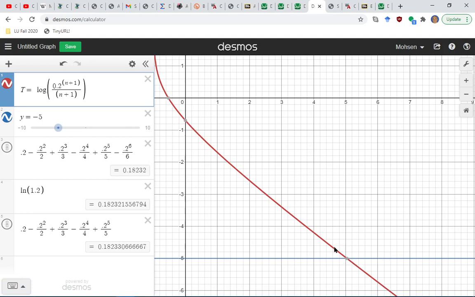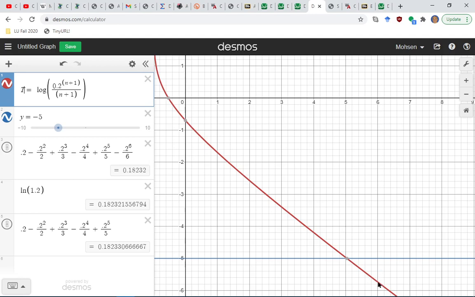We want the red to be below -5. So the intersection is a smidgen past the point n equal to 5. Since we want to be less, we have to go to the next whole number. Here the intersection is at 5.036. To err on the conservative side, we come to this point, that is n equal to 6.